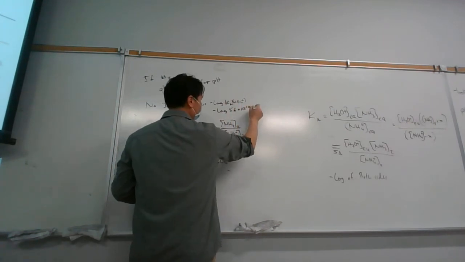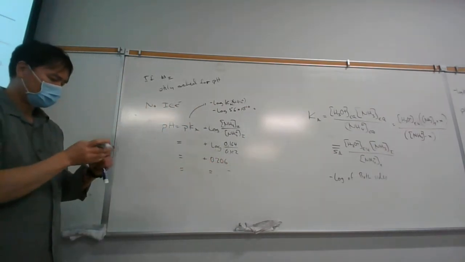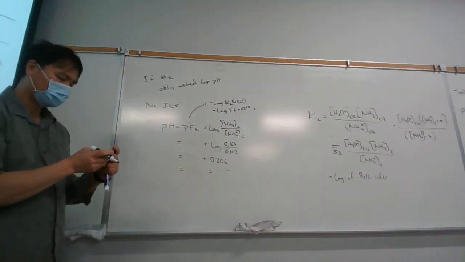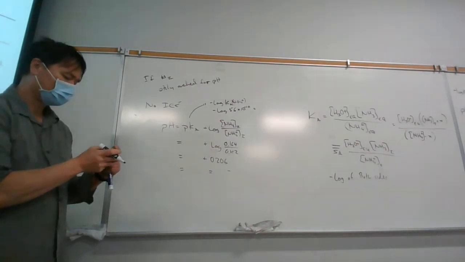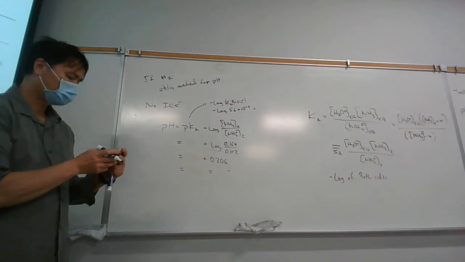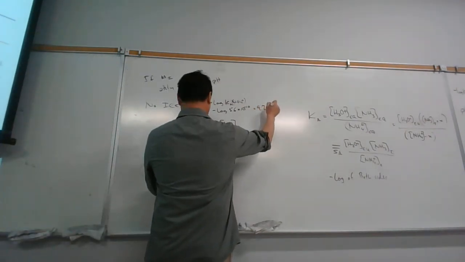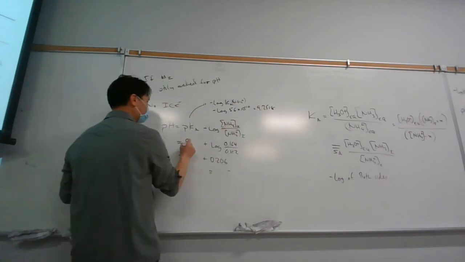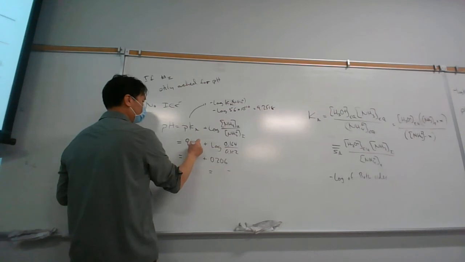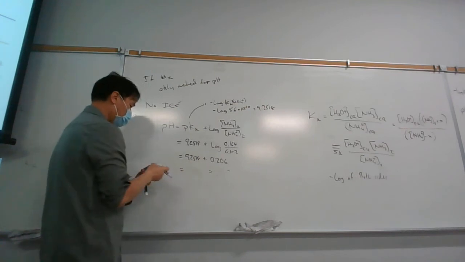The chart up there has 5.7 times 10 to the minus 10, but I didn't want to change it. I'm pretty sure it's 5.6 times 10 to the minus 10. So the pKa is 9.25, 9.2518, and the log term is 0.206.